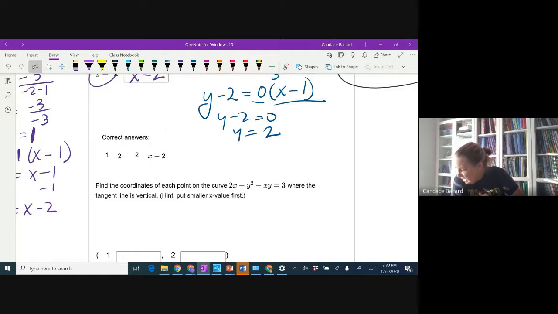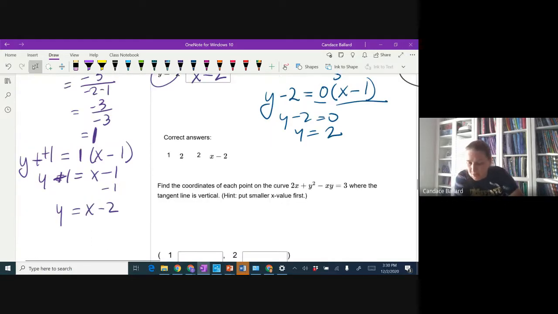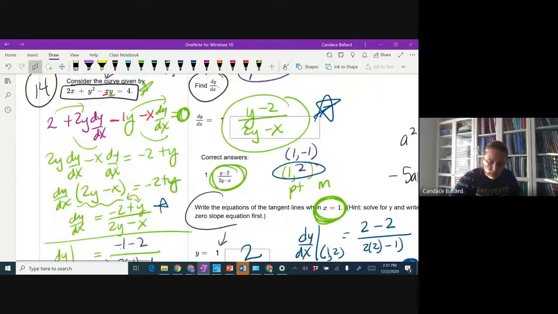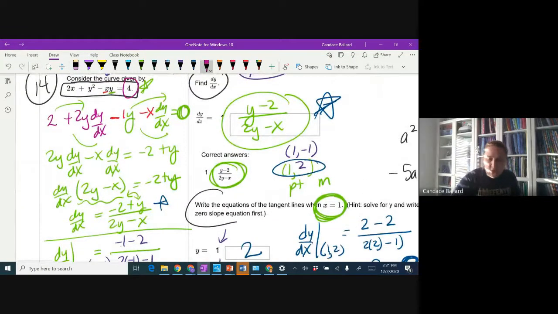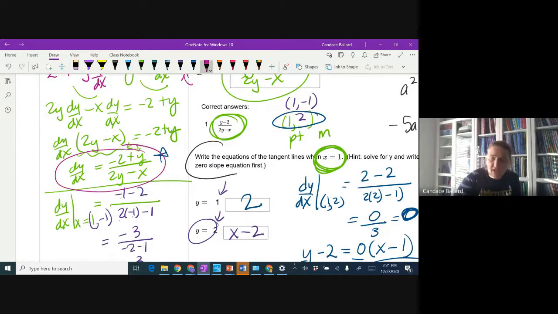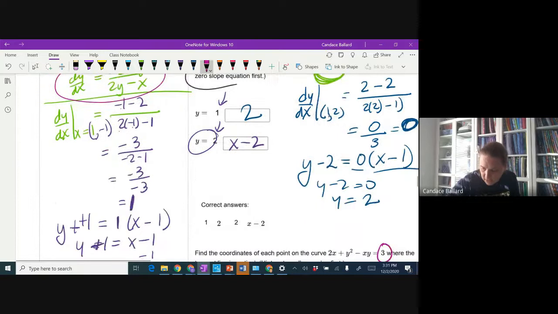I don't think it changes the derivative though, because the only thing that changes in here, and I didn't know when I was typing it if it was a typo, do you see how the only thing that changes is the 3? It used to be a 4, and no matter what, that's going to give me a 0 there. So it's actually the same derivative. I should have probably just changed it to 4. So we're still going to use that dy dx. Okay, so I'm not going to redo the dy dx.